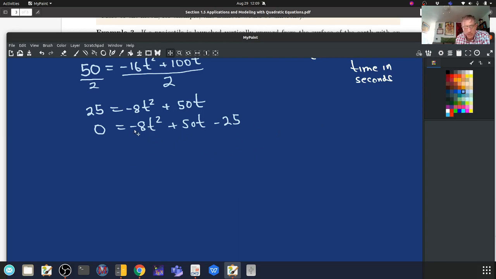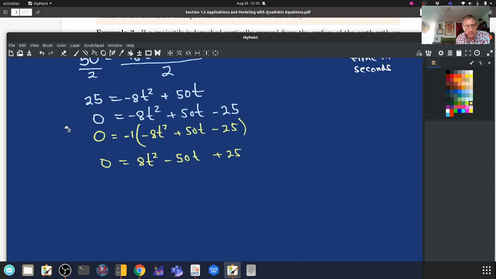Just so you understand what I'm doing, I'm multiplying 0 by minus 1, but it stays 0. But I'm multiplying all of this side over here by minus 1. So I have 0 is equal to 8t squared minus 50t plus 25.